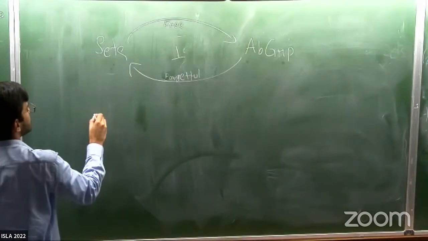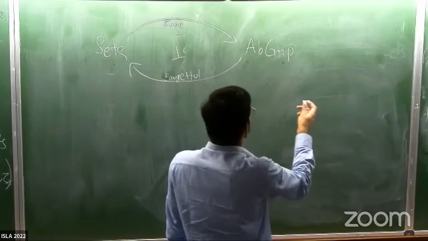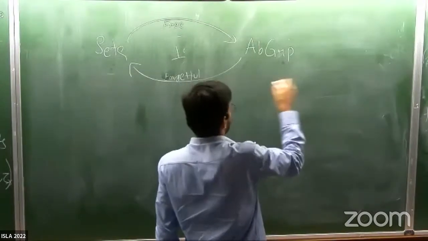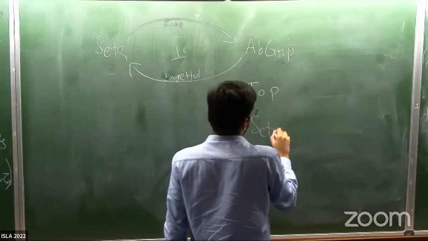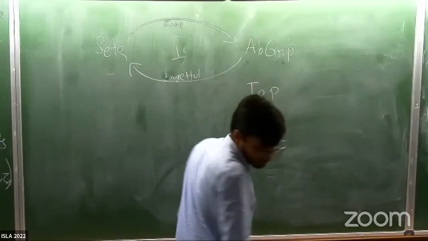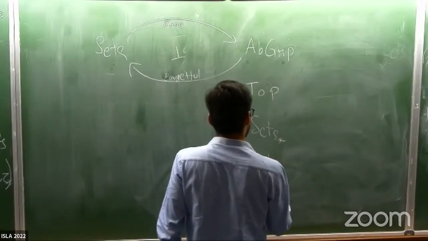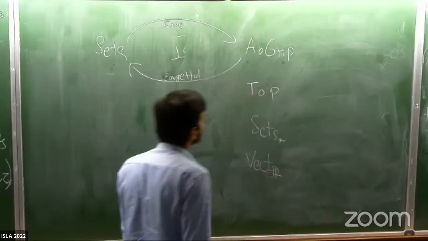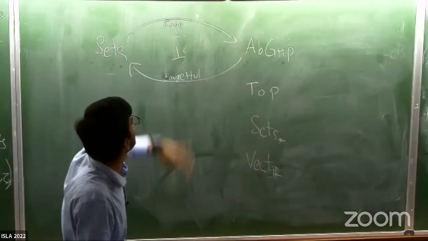That's one example. Similarly, you can replace abelian groups by, say, top, as we just did. You can replace it by pointed sets, as we did. We can replace it by vector spaces, which we did, and we will get the same behavior. You get sets to each of these as a free functor.